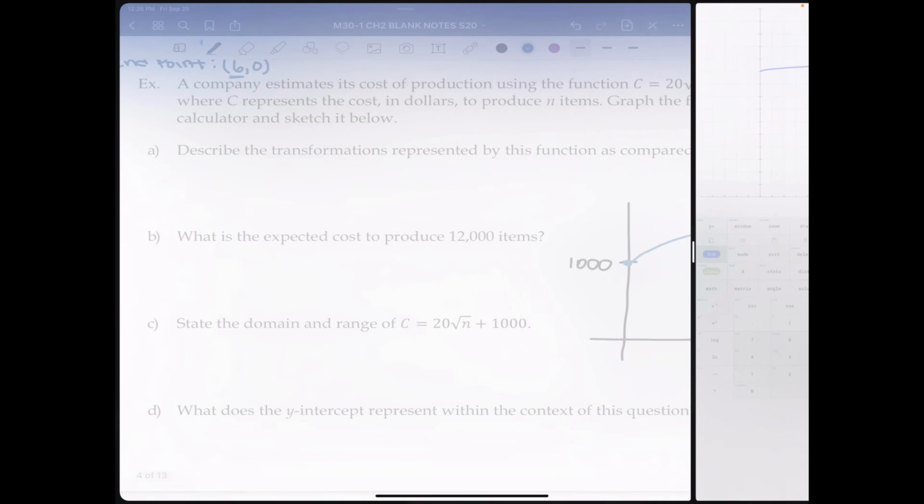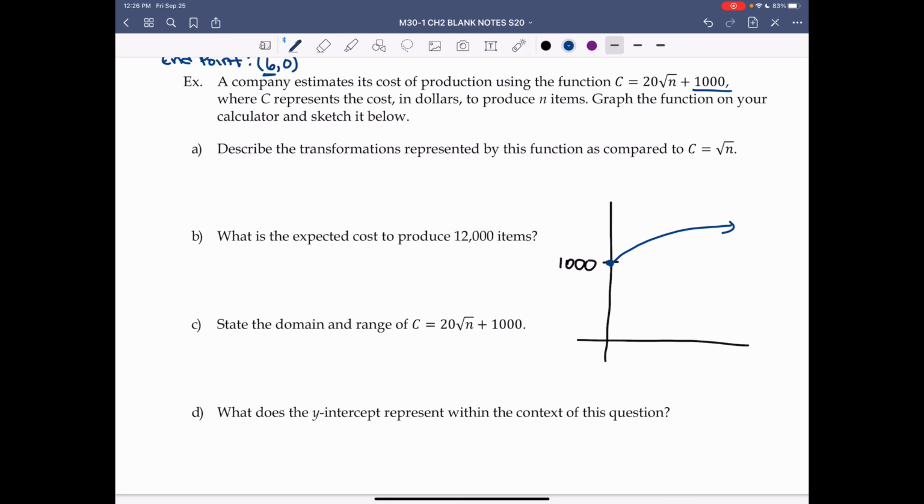Part A, describe the transformations represented by this function as compared to c equals the square root of n. So if c equals the square root of n is the original function, and c equals 20 square root n plus 1,000 is our transformed function, what transformations did we do? Well, we have 20 times the radical, so that's our a value.